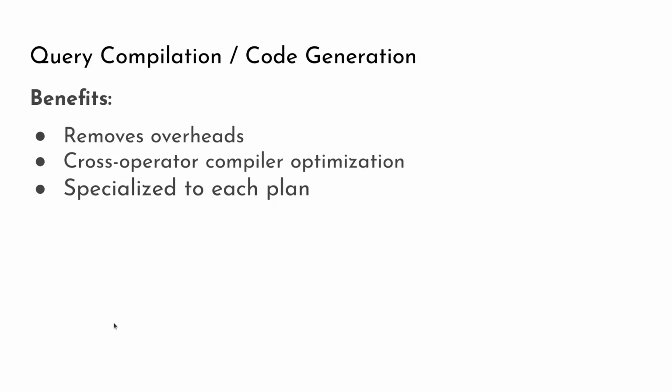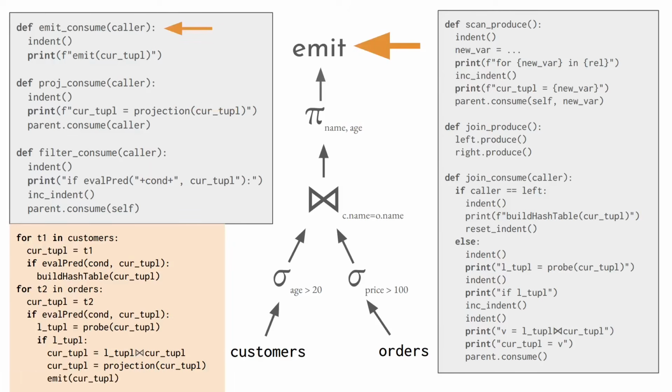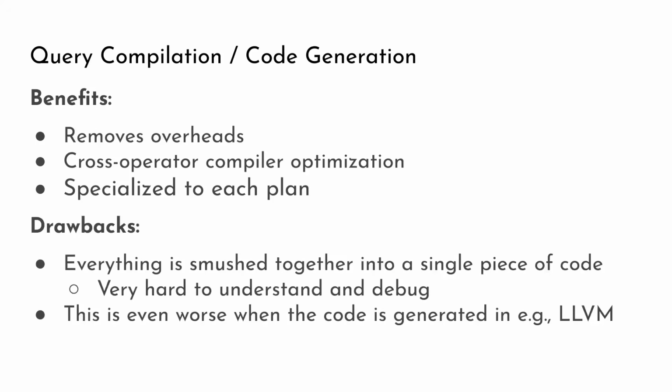Just a side note, if you're familiar with multi-stage programming, this is basically one case of it, right? Because we run the program, but running the program really gives us another program that we will then compile again. Now, coming back to query compilation and code generation, the benefits are that it removes overheads, enables cross-operator compiler optimization, and is specialized to each plan, as we just saw, right? The code that you see here is for this specific plan, but it has some drawbacks, right?